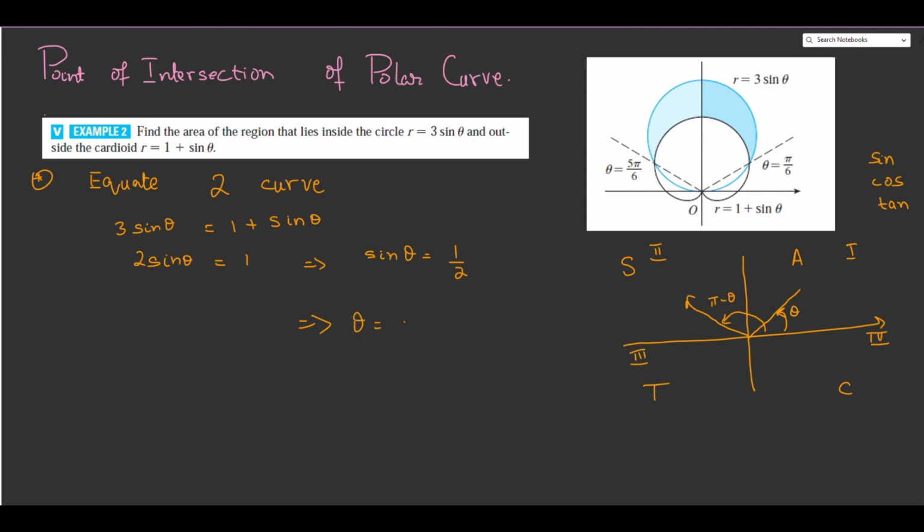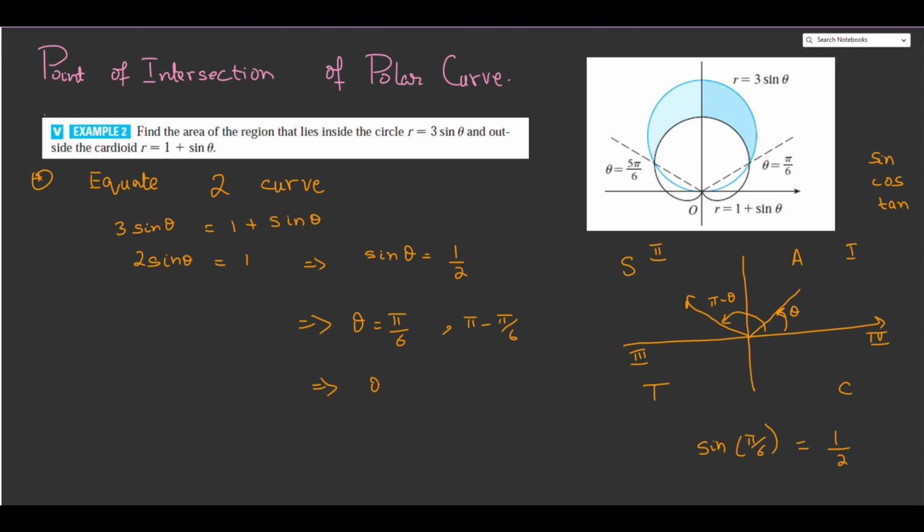Remember one more thing, sine pi by 6, and pi by 6 is 30 degrees. We know that sine pi by 6 is equal to 1 by 2. So we get two values of theta: pi by 6, and the second value is pi minus pi by 6.